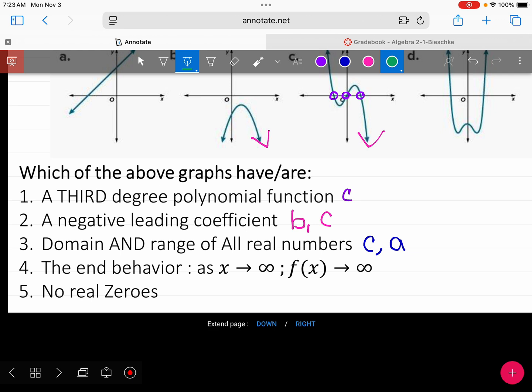All right, for number 4, we want to talk about which of these graphs have this end behavior: as x goes to infinity, f of x goes to infinity.